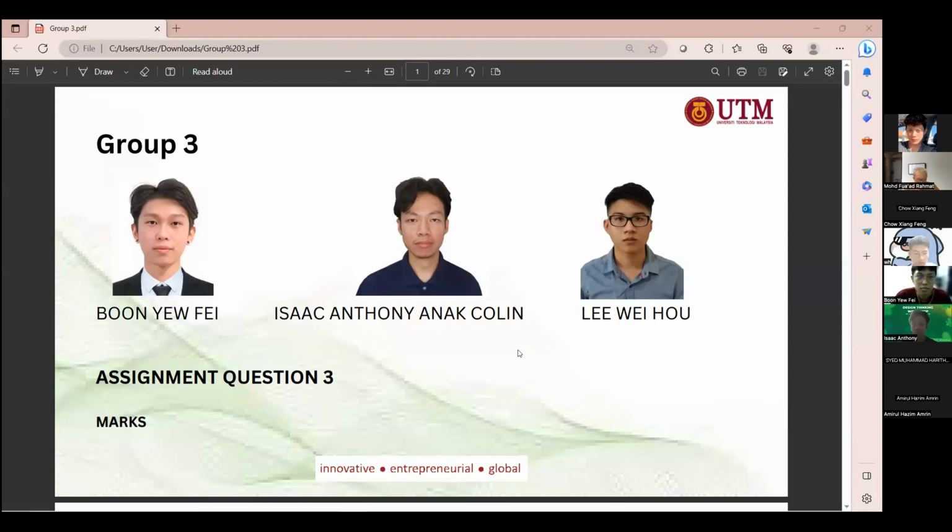Let me write your names first in the marks. Bun, Isaac, and Lee Wei Ho. The faces don't match. Old photo. Oh, old photo. The specs don't match either.